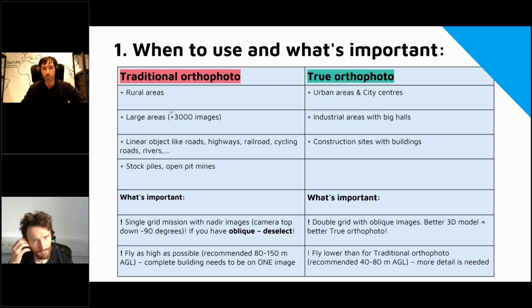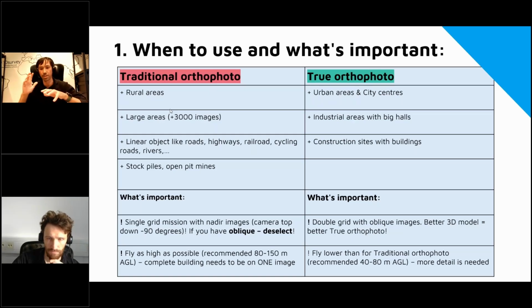And what's important for true orthophoto, you need to fly a double grid with oblique images. So just remember, the better the 3D model, the better the true orthophoto is. So take as many images as you can from different perspectives and different positions to get the most beautiful full 3D model, and in parallel, you will also get a nice true orthophoto.